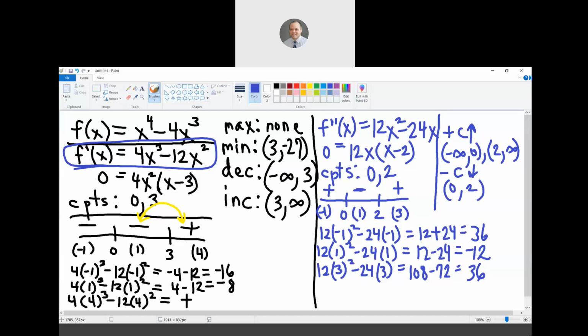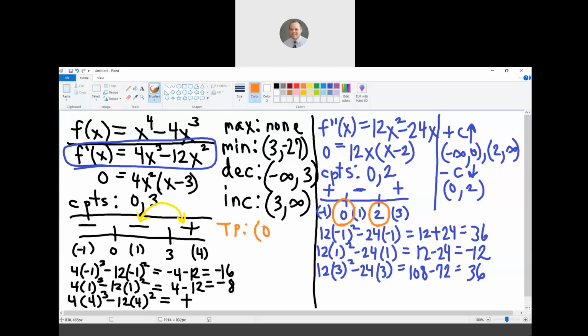Now, anytime you have a sign change, it doesn't matter if it goes from positive to negative or negative to positive, that means you have a point of inflection or a turning point. So we actually got 2 turning points here, at 0 and also at 2. So let's find these two turning points. Well, to find y when x is 0, that's easy.